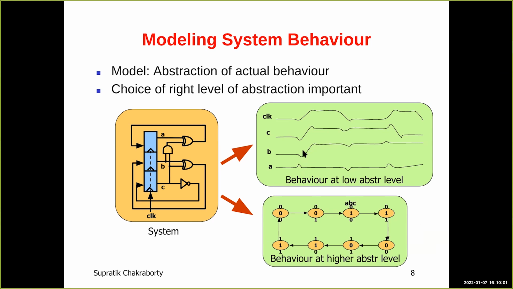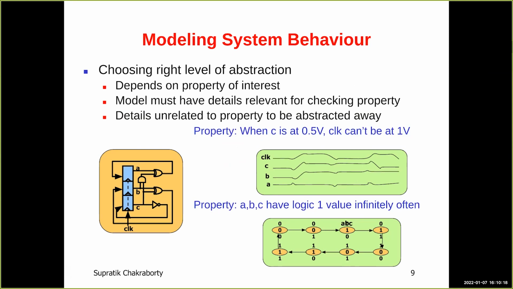If you really wanted to check whether there are overshoots, undershoots happening in these waveforms, then of course you have to model it at this level. But if you really wanted to check whether this is implementing a cycle of 8 states, then maybe it's okay to model it at this level. So the choice of the right level of abstraction is important, and that depends on what property you want to prove or what property you want to check, and whatever property is relevant.